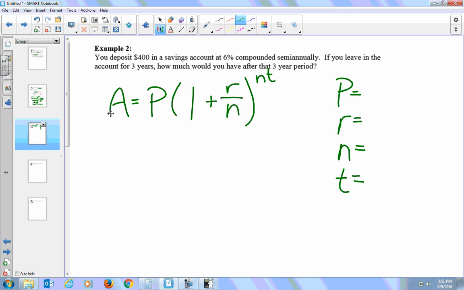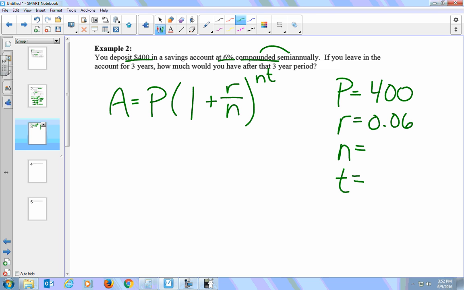So you deposit $400 in a savings account, that's our principal, okay? 6%, that's our rate, which we write as a decimal, 0.06.